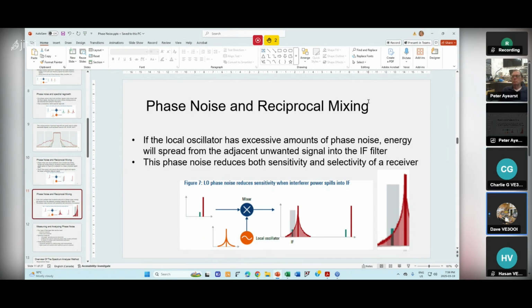Okay, so then I'll re-ask my first question. I asked, how do we know how much? You said, okay, we're going to design a radio and we're going to have a certain selectivity, certain sensitivity. How do we know how much phase noise we need to have that sensitivity or that given selectivity? Do you understand?